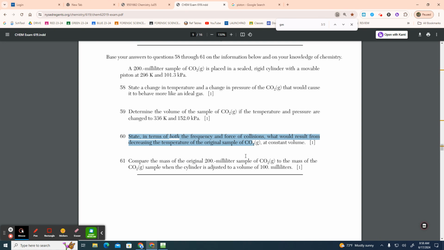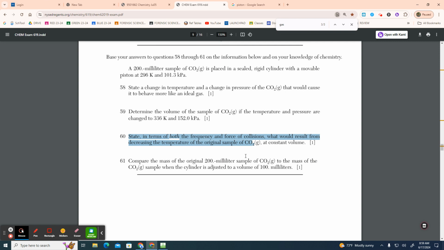Compare the mass of the original 200 milliliter sample of carbon dioxide to the mass of the carbon dioxide sample when the cylinder is adjusted to the volume of 100 milliliters. It's easy. Mass is grams, right? If you took me and I weighed 100 grams, and you shoved me into a suitcase, would I still weigh 100 grams?